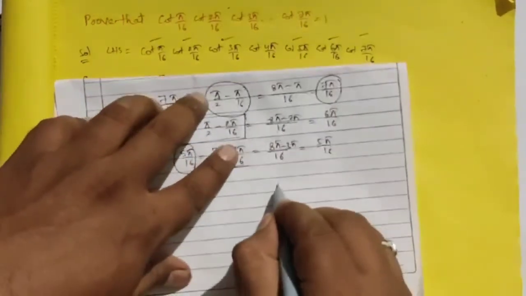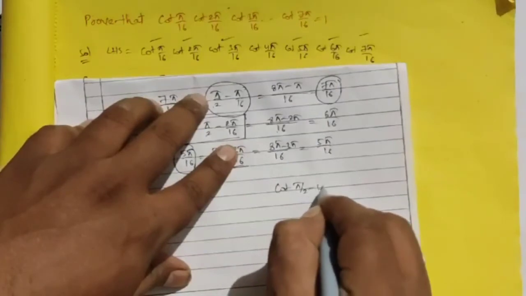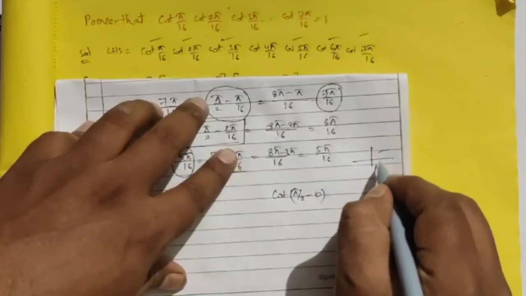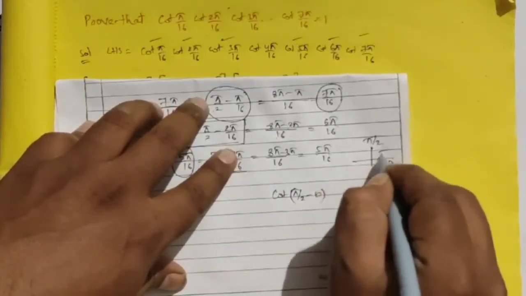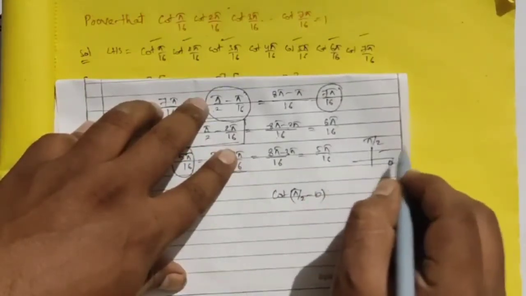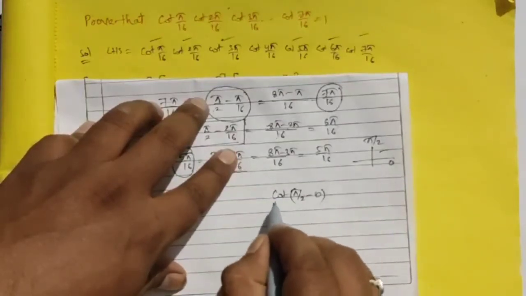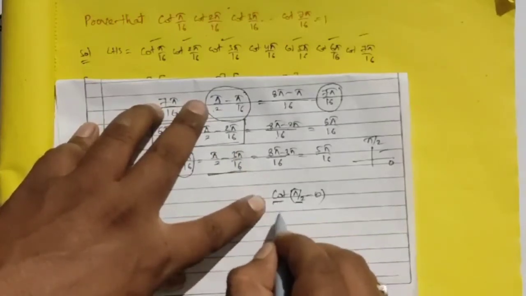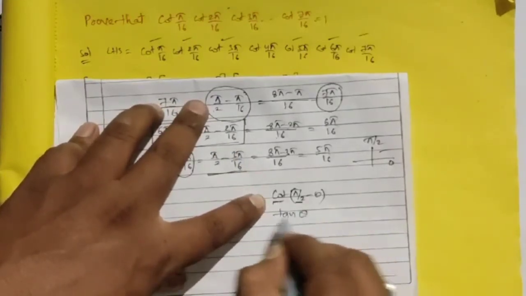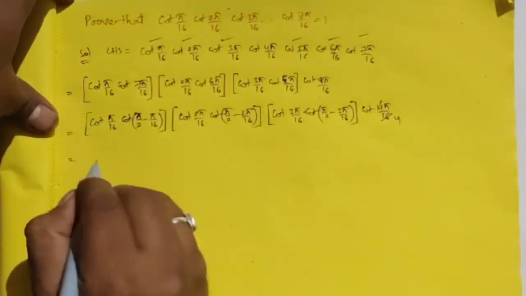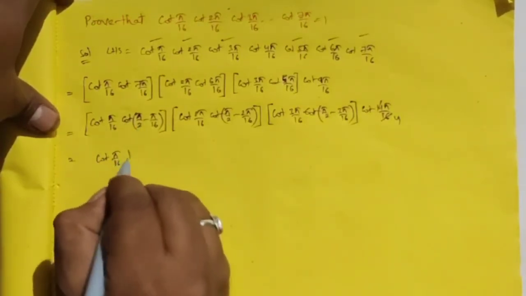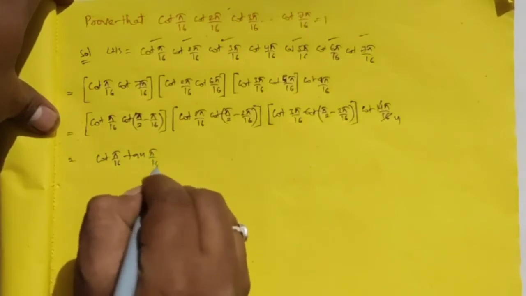See now, cot of pi by 2 minus theta will come into the first quadrant. So in the first quadrant, from 0 to pi by 2, all the ratios are positive, that's why we get cot positive only. Then cot of pi by 2 minus theta becomes tan of theta, positive. Therefore you can write it as cot of pi by 16 into tan pi by 16.